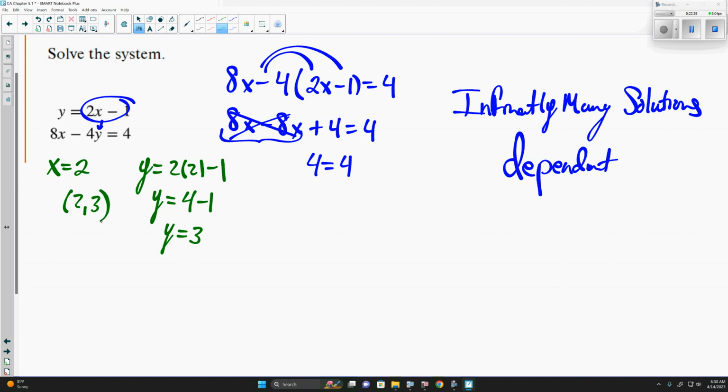And it would work for both, because if I plug 2, 3 into the other one, 8 times 2 minus 4 times 3. 8 times 2 is 16. 4 times 3 is 12. We can pick any number we want, and it would give us a solution. Questions on any of this here?